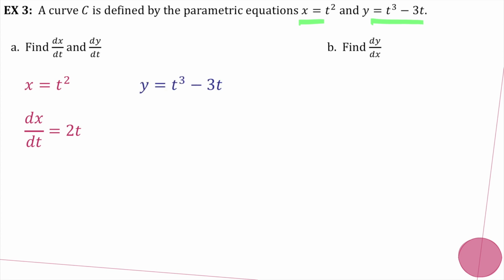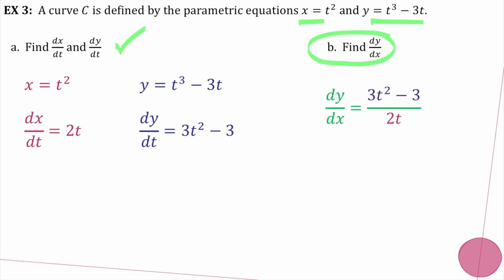If y is t cubed minus 3t, then dy/dt is 3t squared minus 3. We've got that. Now we want to find dy/dx. Okay, well, that's easy because we just have to do our y prime over our x prime. And there we have our first derivative.